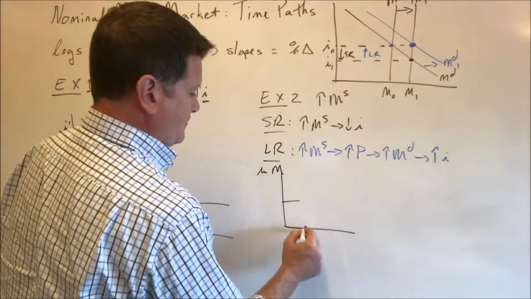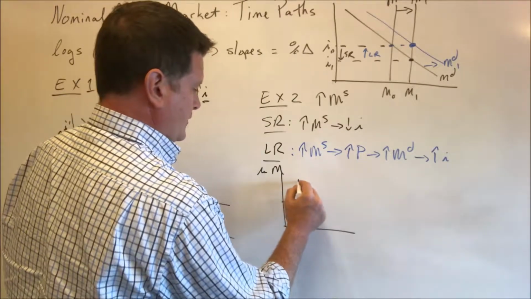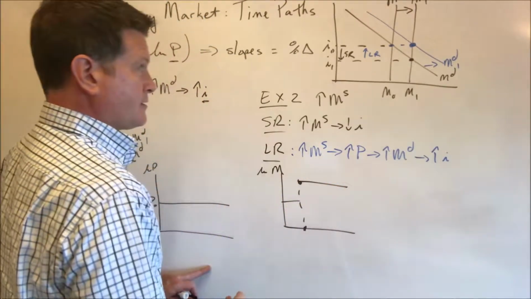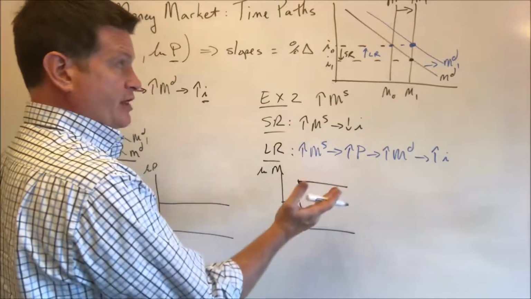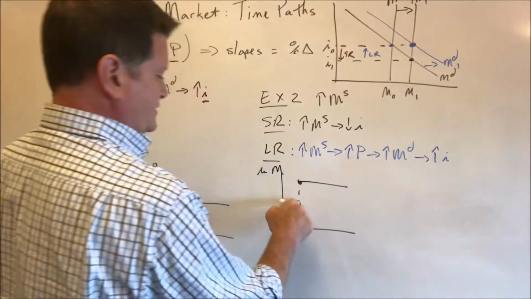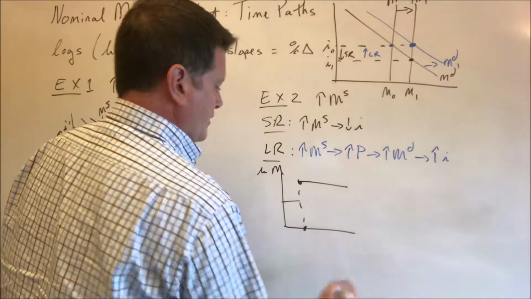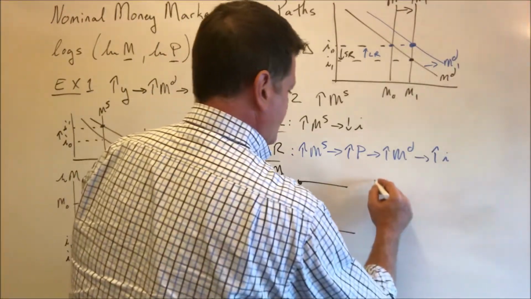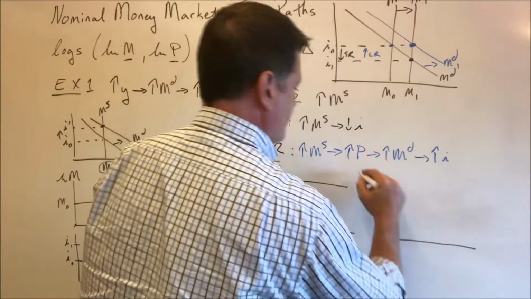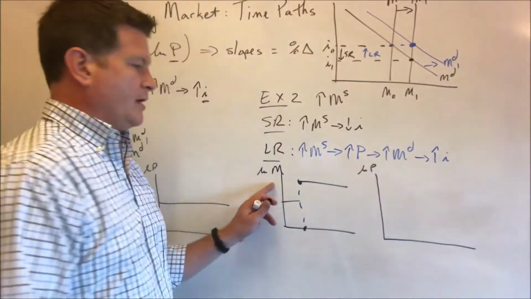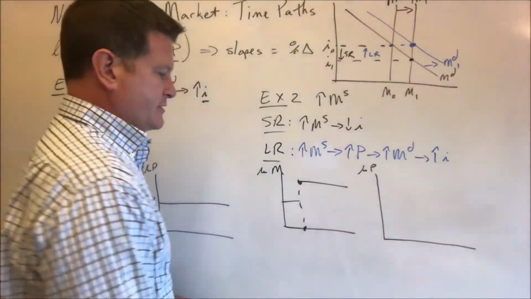At some time, the money supply increased. Notice the slope didn't change. It was a one-time increase, but let's say a 10% increase. What happens, and it's always the same order, you'll notice I go money, price level, and then interest rates.